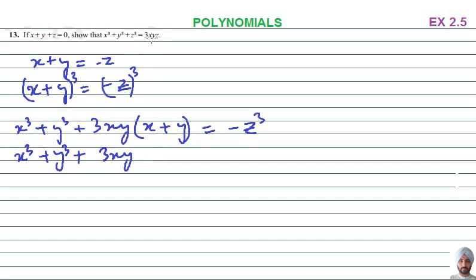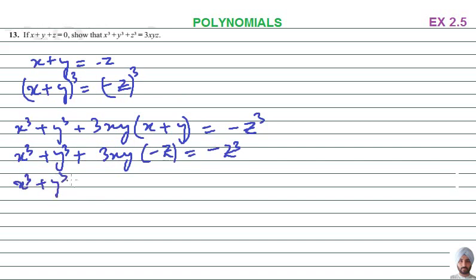Again, I need 3xyz, but here I have 3xy, there is no z, so I have to convert this x plus y into z, and there is a relation x plus y is equal to minus z. So I am going to write minus z here, all else remains the same.